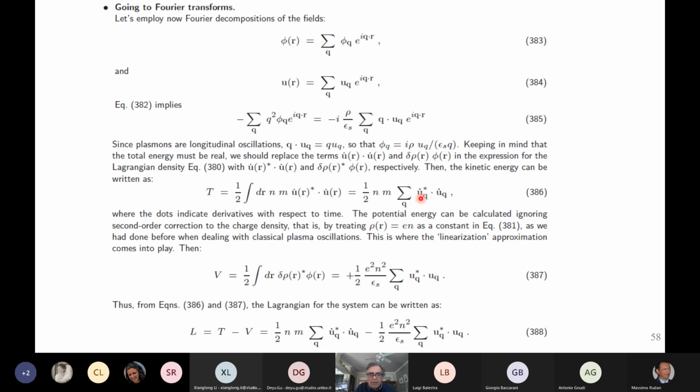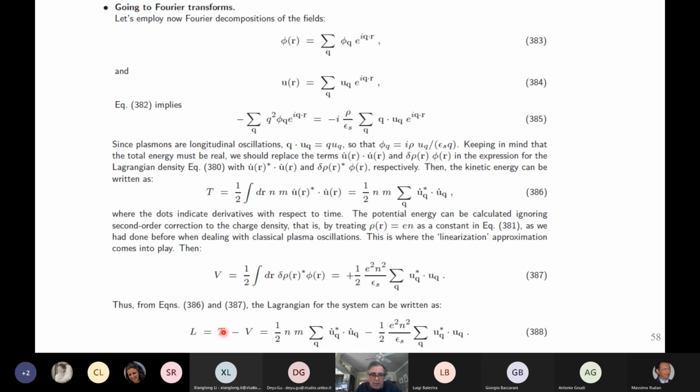So notice that I have something very nice. The kinetic energy is given by some prefactor times the sum over q of the square velocities, and the potential energy is some prefactor, both of them with 1/2 in front, times the square of the displacement. So I smell harmonic oscillators: the square of the velocity, the square of the displacement, which is essentially what the harmonic oscillator Hamiltonian is.